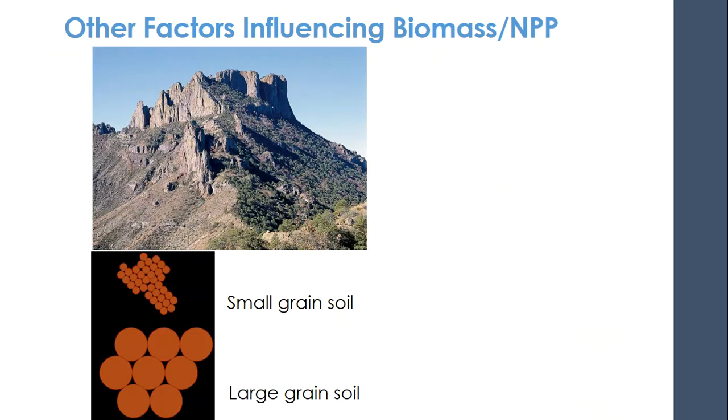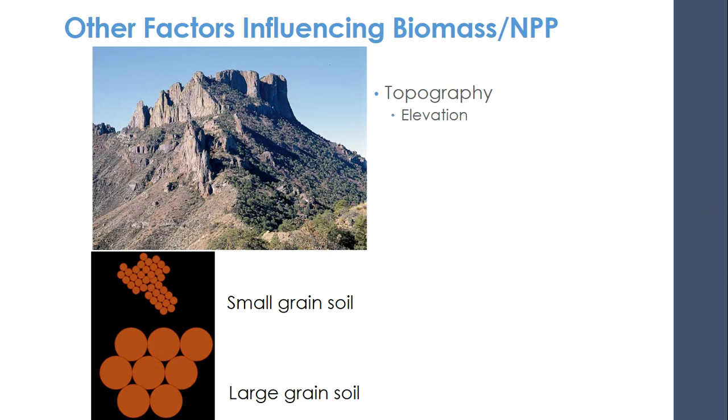There are some other factors that influence biomass and net primary productivity. The first is topography. It's really hard for vegetation to grow on very, very steep hillsides. So if you look at this scarp here, you can't grow much here, as opposed to when you get into the valley, where you can grow a lot more vegetation.